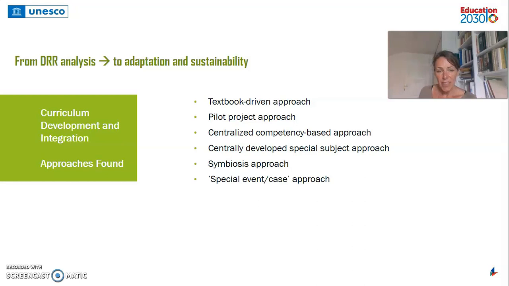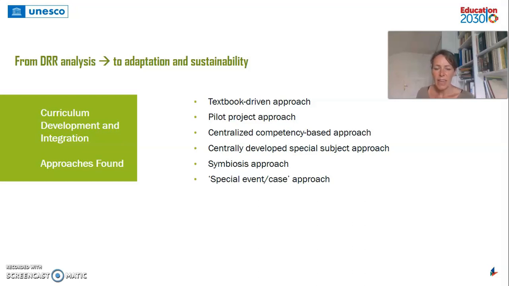Centrally developed special subject approach is being found very rarely. That is the fact that there's a separate dedicated subject on disaster risk reduction. Symbiosis approach means to combine disaster risk reduction with related topics. If, for example, sustainable development is a subject area well established in a curriculum, disaster risk reduction can be well combined with that.